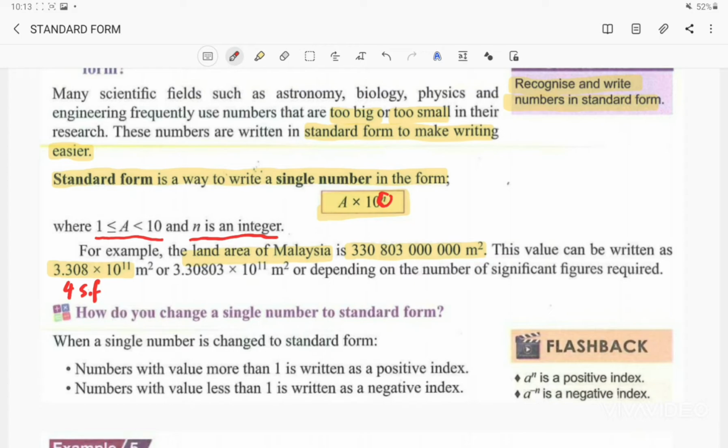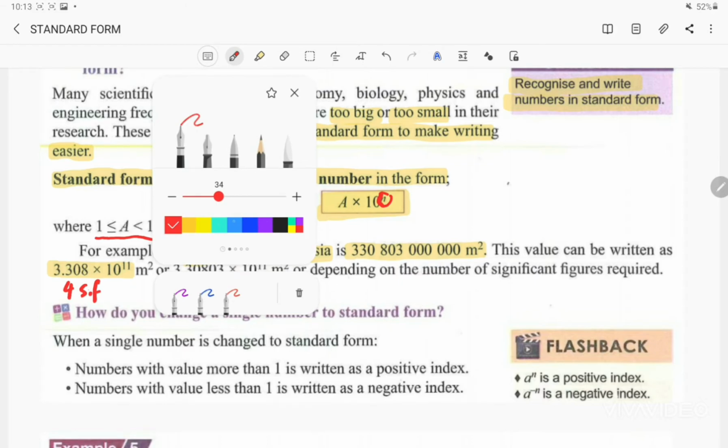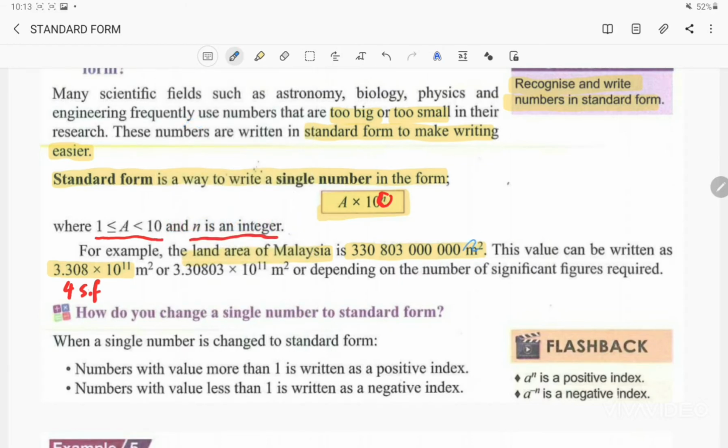Kenapa 11? Okay, look at here. Kenapa 11 ya? Okay, the decimal point for whole number is at the end of the single number. Okay, and then we move the decimal point sampai kita akan dapat value a ini. Value a mesti less than 10 dan mesti greater than or equals to 1.